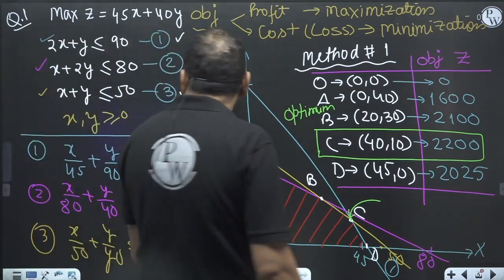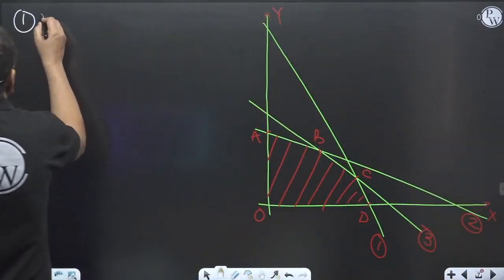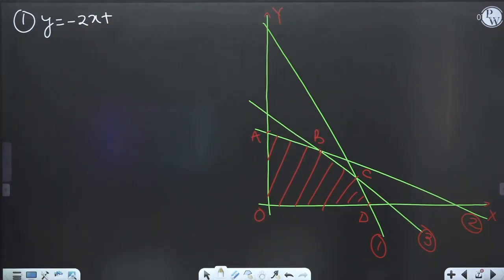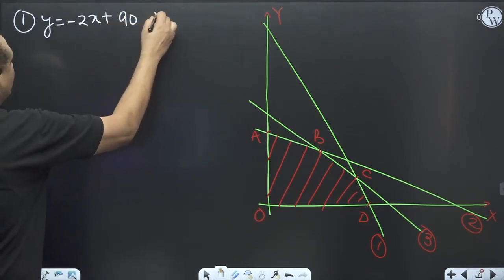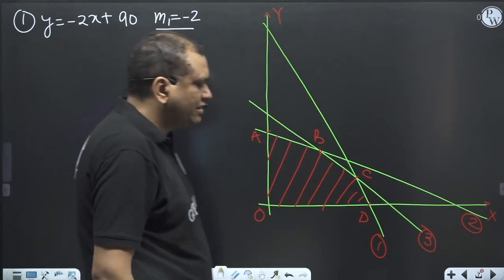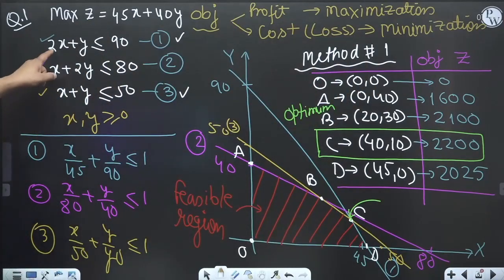So can I write here y is equal to minus 2x plus 90. So m1 is equal to minus 2. See, can I do that? First constraint, slope is minus 2. Correct? Simple mathematics.